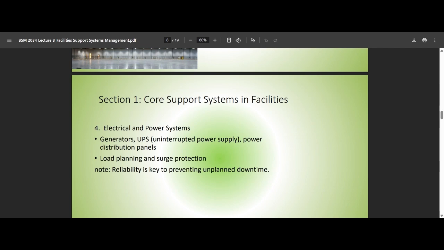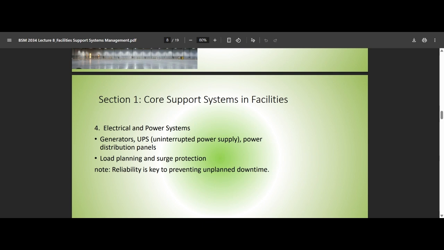You also require load planning and surge protection, because sometimes when certain surges take place, some of your equipment may become damaged. Then load planning also is important. Why?